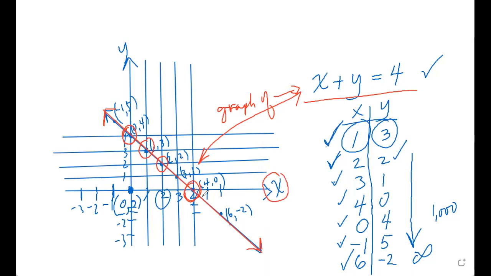In other words, the line we just drew crosses the x-axis at (4, 0). So that is what we call the x-intercept, because it intercepts the x-axis at (4, 0). Likewise, it intercepts the y-axis at (0, 4). So we call that the y-intercept.